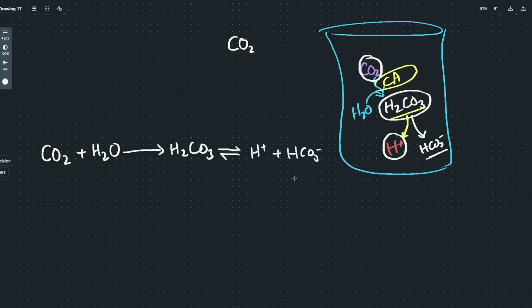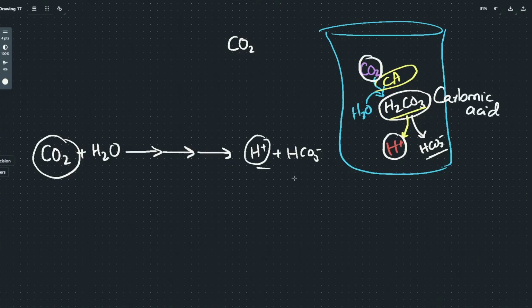Overall, ultimately CO2 is producing some H positive. So CO2 is acting as an acid by way of formation of carbonic acid. Actually carbonic acid is the real acid here. But because CO2 forms carbonic acid, many textbooks simply say that CO2 is an acid or an acidic gas. So that's the point.